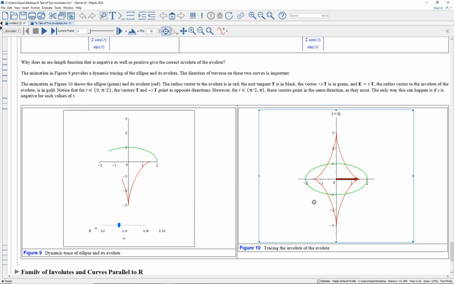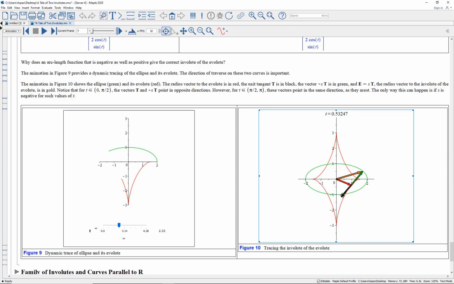Now let's look over here at this animation. Here I'll use the slider. The red vector is a position vector to a point on the evolute. The evolute is drawn downwards.